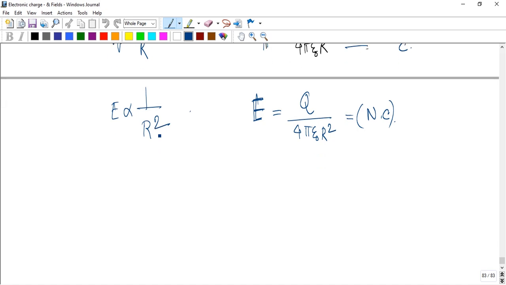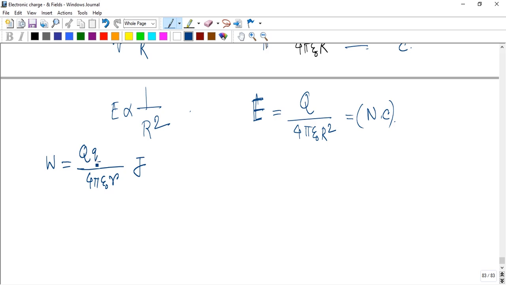The energy in this case, W, equals q times Q over 4 pi epsilon naught R, in joules. Here capital Q is the source charge that produces the electric field and potential, and small q is the test charge.